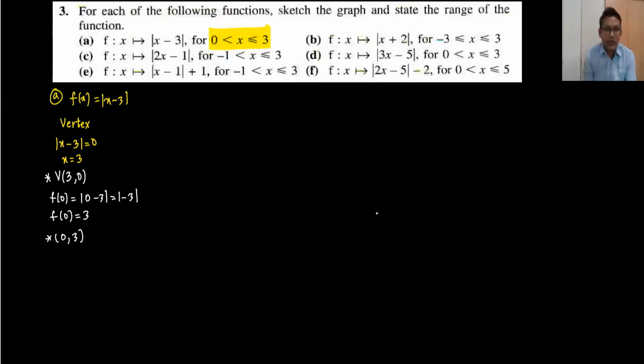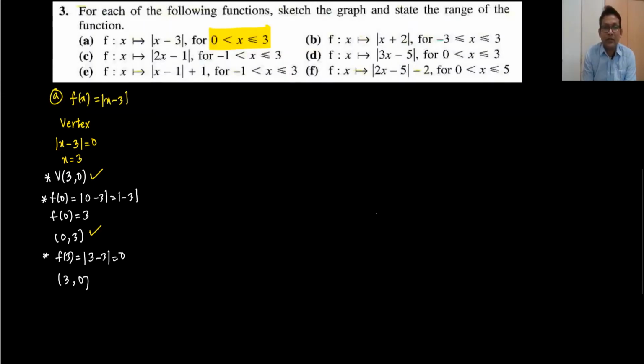Now we substitute f of 3. When we substitute, f of 3 is 3 minus 3, and it's 0. So it's once again 3 comma 0, which is the same as the vertex. So altogether we have only two coordinates now, 3, 0 and 0, 3.